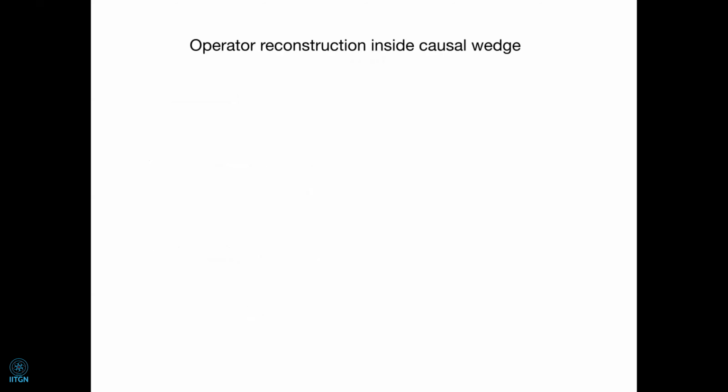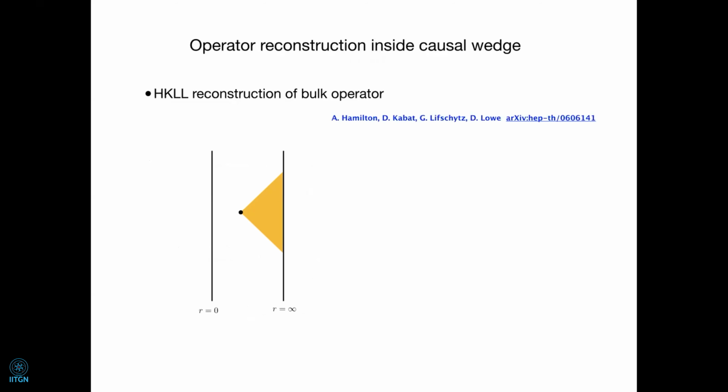First, let's review what we know well about operator reconstruction, let's say inside the causal wedge. Inside the causal wedge, one can use HKLL reconstruction of a bulk operator. Let's say, imagine, can you see my mouse? Yes, we can see your pointer. Okay, thank you. Here I draw AdS geometry, empty AdS geometry.